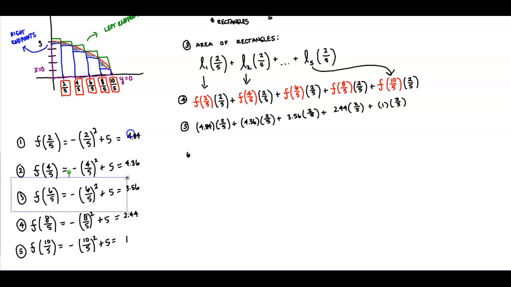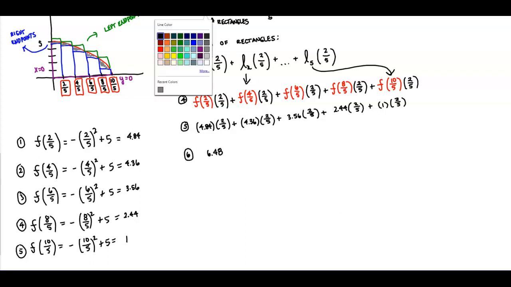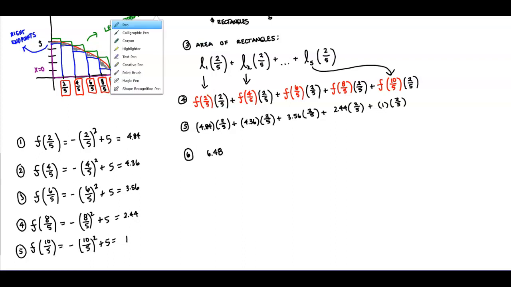And so therefore that gives us the value of 6.48. Okay, so what does 6.48 represent? Well, it represents the approximating area that is underneath here in the blue. So that is an approximation. Now again, we have that error in here, but this is an approximating area. So the approximating area that's under the right endpoints rectangles is 6.48.